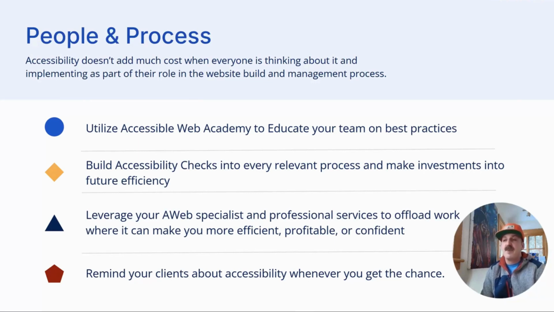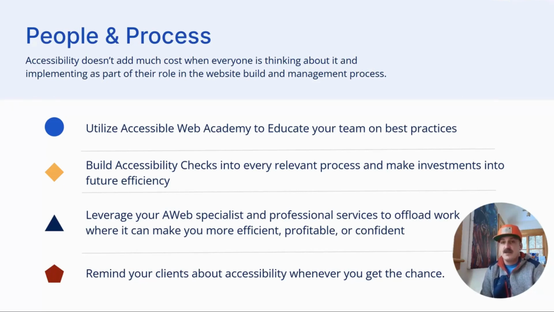And then remind your clients about accessibility whenever you get the chance. This is a squeaky wheel gets the grease type of situation. Don't just talk about this once a year or when the website gets built. If you've built a website with web accessibility best practices built in and you notice your clients adding issues, notify them.